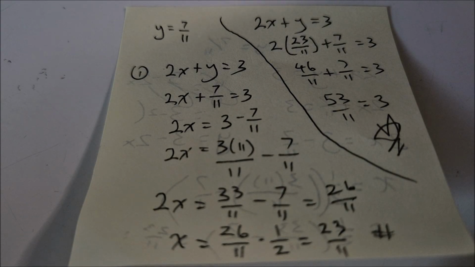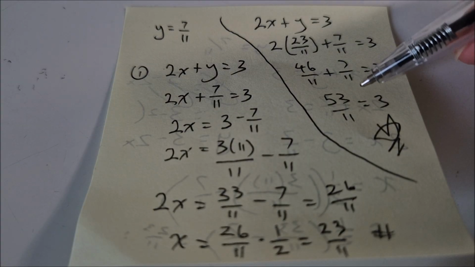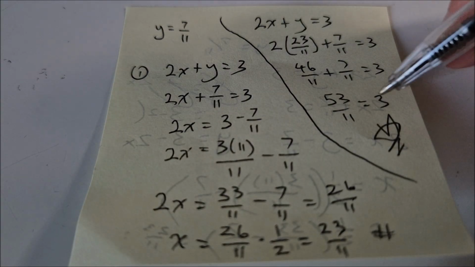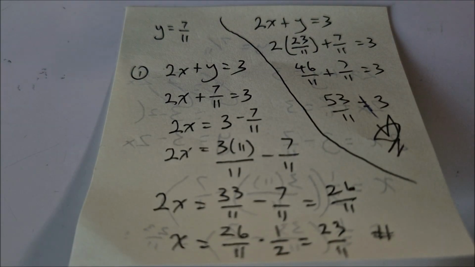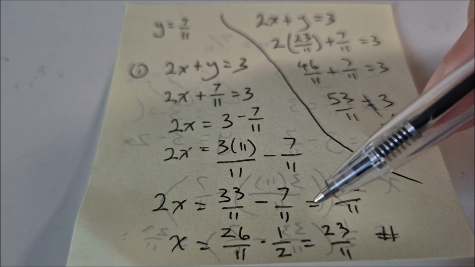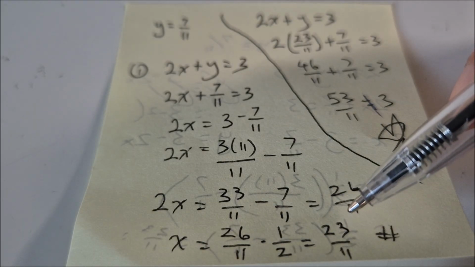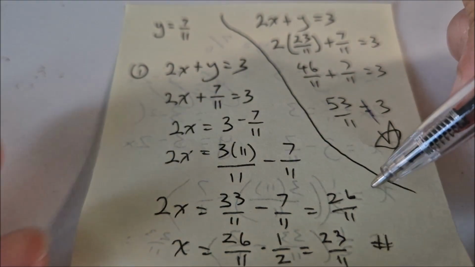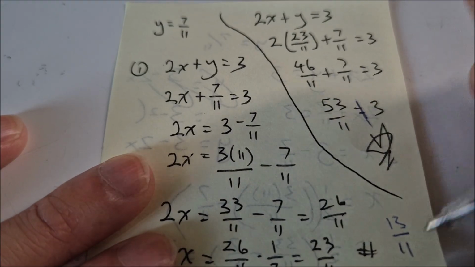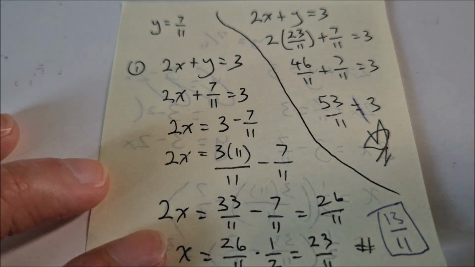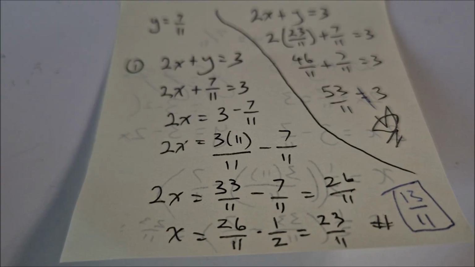Something's not quite right. 53 divided by 11 is clearly not 3. What did I do wrong? Oh, it's clearly not 23 over 11. Whoops, my bad. It's supposed to be 13 over 11. I think my brain's not working today.